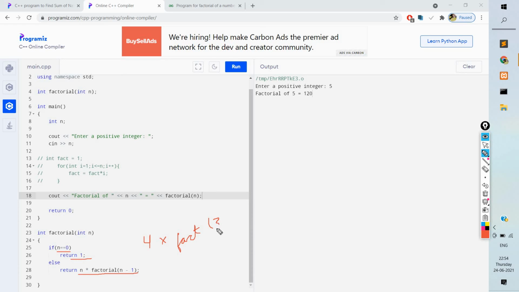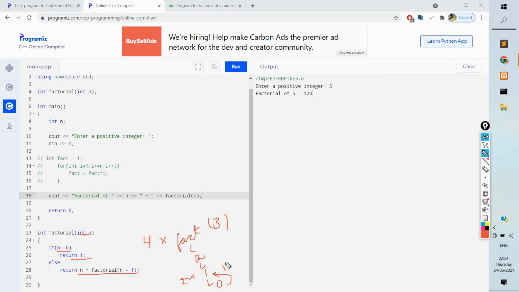Then again 3 is passed to the function as an argument, so the base condition is not satisfied and the function is called again. Here factorial of 3 calls factorial of 2, then factorial of 2 calls factorial of 1, then factorial of 1 calls factorial of 0, and factorial of 0 returns 1.